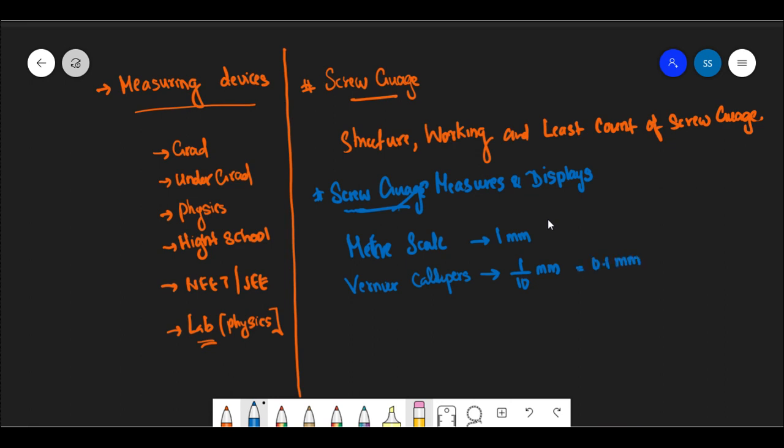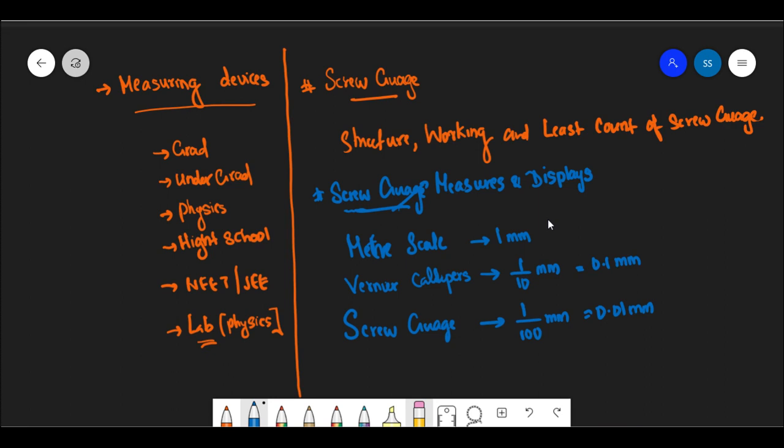And with a screw gauge, we can measure 1 by 100th of a mm, which is basically 0.01 mm, right?